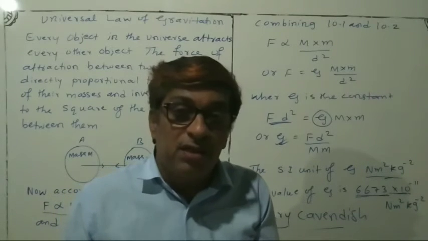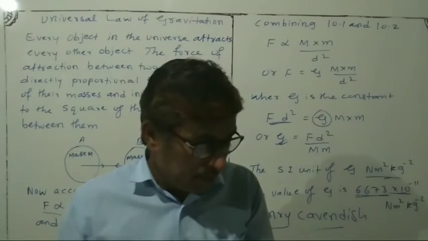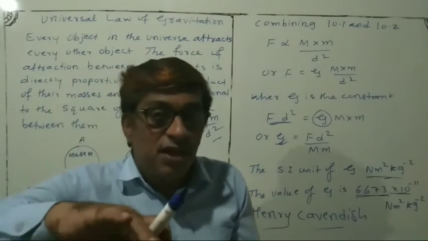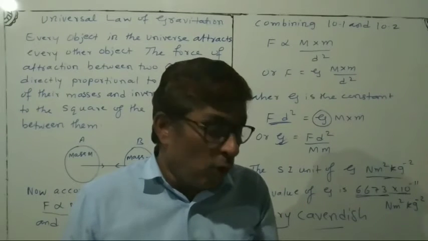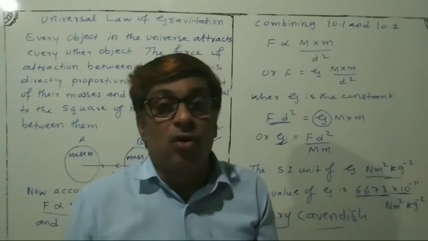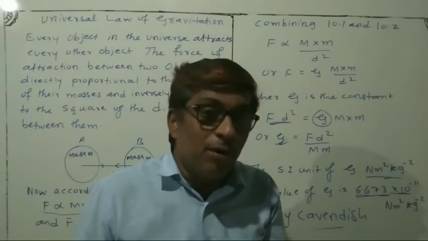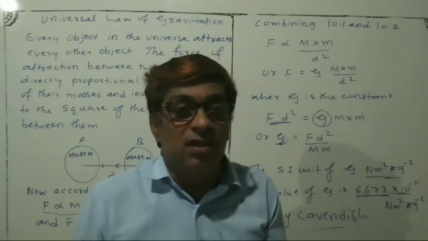The third point is the motion of the planets around the sun. Point number 4 is the tides due to the moon and the sun.